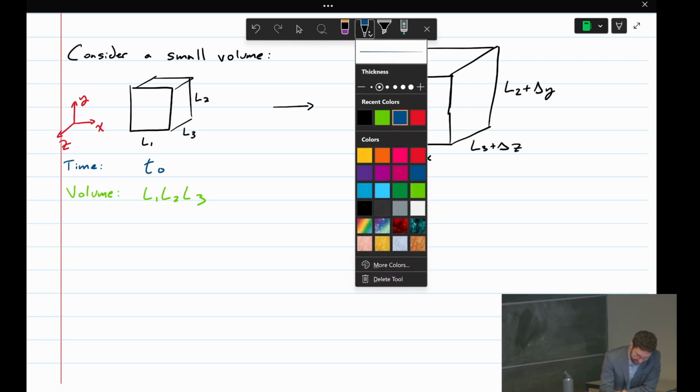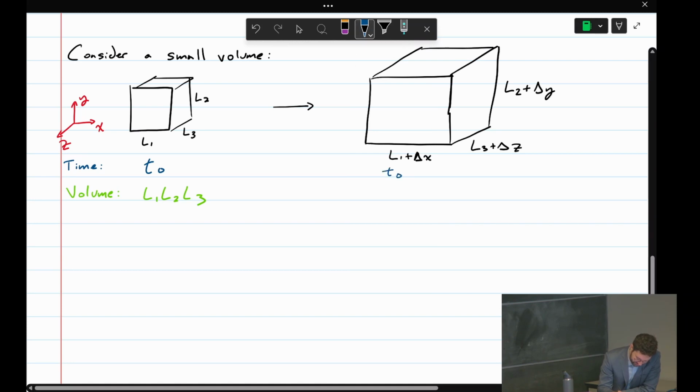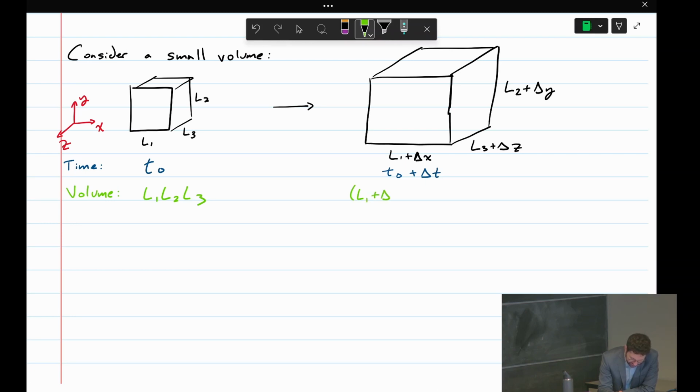And the time for this is t0 plus delta t. And our new volume is, again, still just length times width times height. So L1 plus delta x, L2 plus delta y, L3 plus delta z.